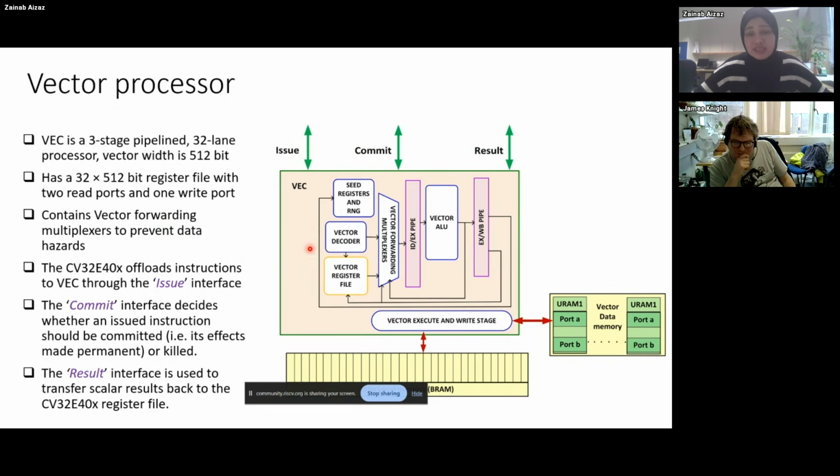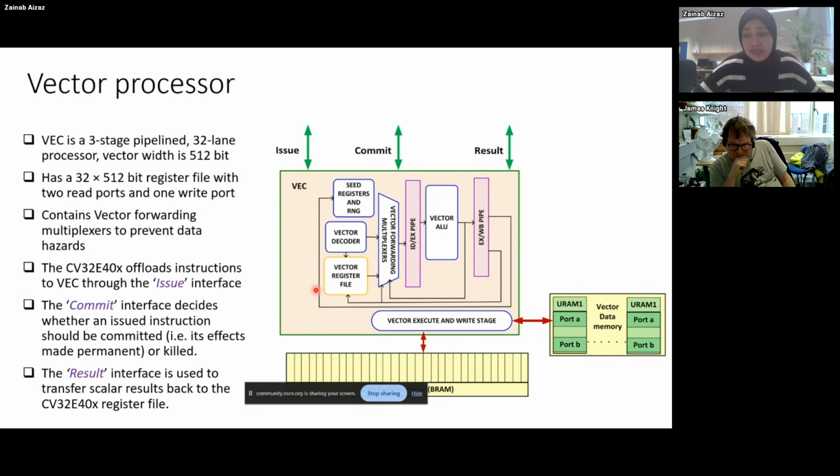The instruction is then decoded in the vector decoder and register file. It takes the data from there like usually the processors do. And the seed and RNG registers are useful for the stochastic rounding, which I'll be explaining later. Then the instruction goes to the forwarding multiplexer. I want to recall that we use the forwarding multiplexer for resolving data hazards.